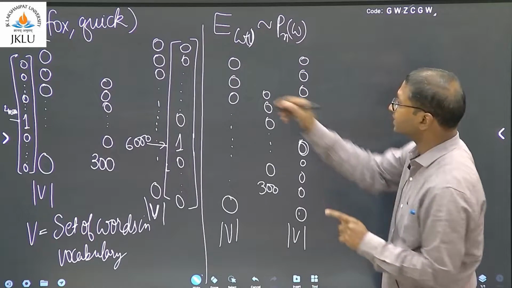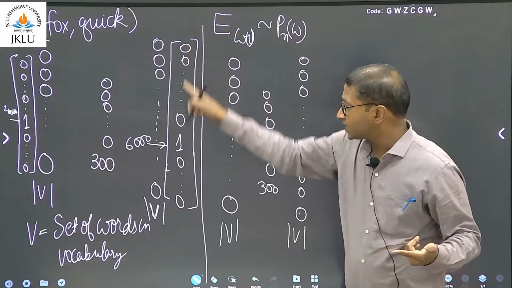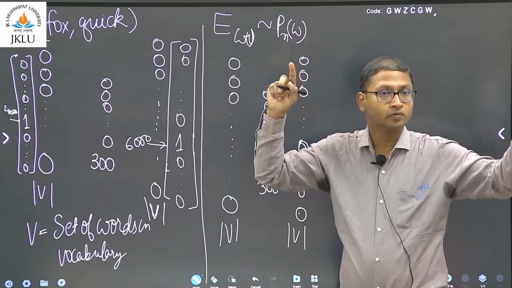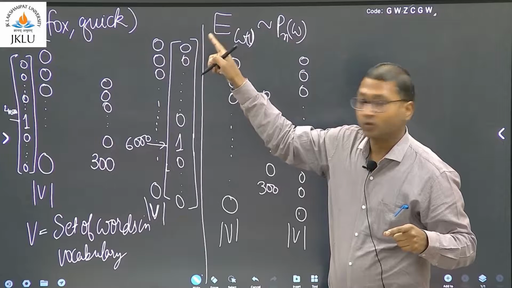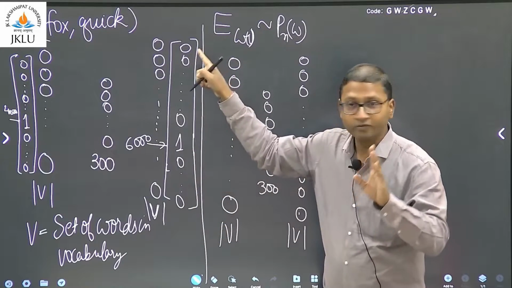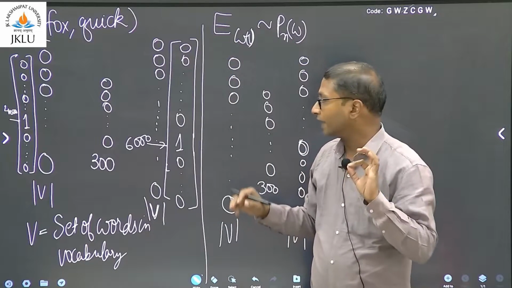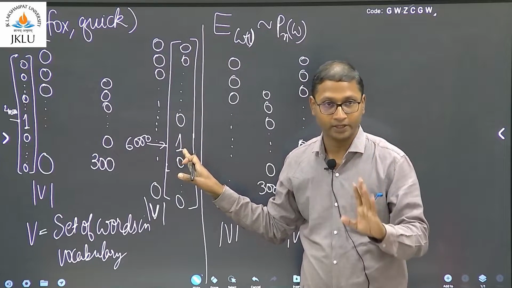What they say here is, instead of this long one hot vector... what will softmax give you? An equally long vector, but every word will have some probability. And for things to go right, we want the probability to be highest for quick.